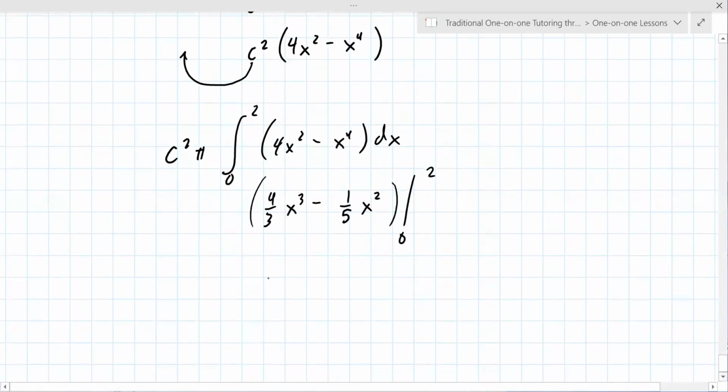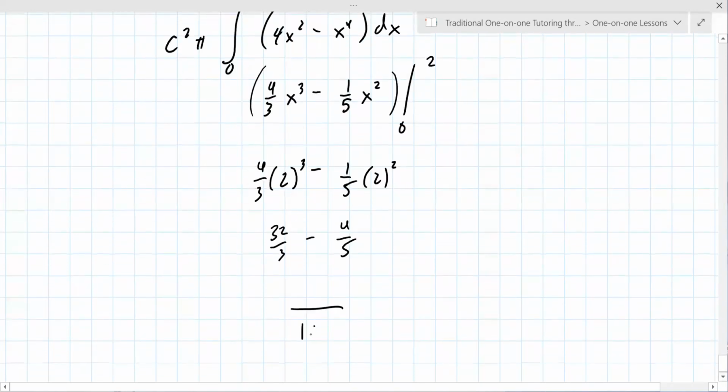A lot of calculations here. So what's that? 32 over 3 minus 4 over 5. When you make a common denominator of 15, this times 5 is 160, minus this times 3 is 12, c squared pi.